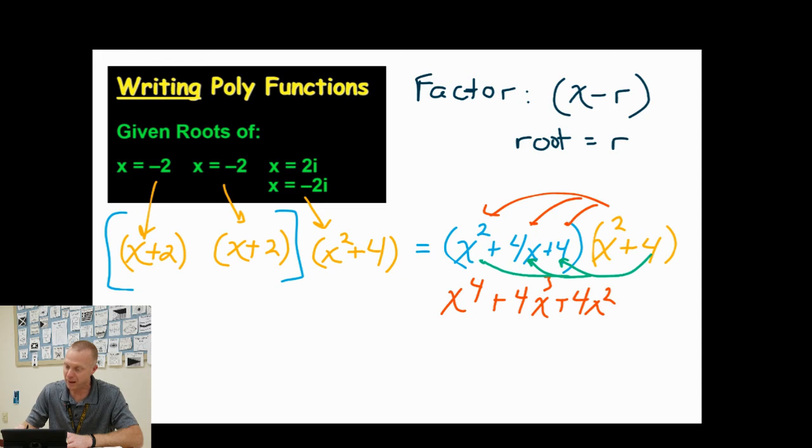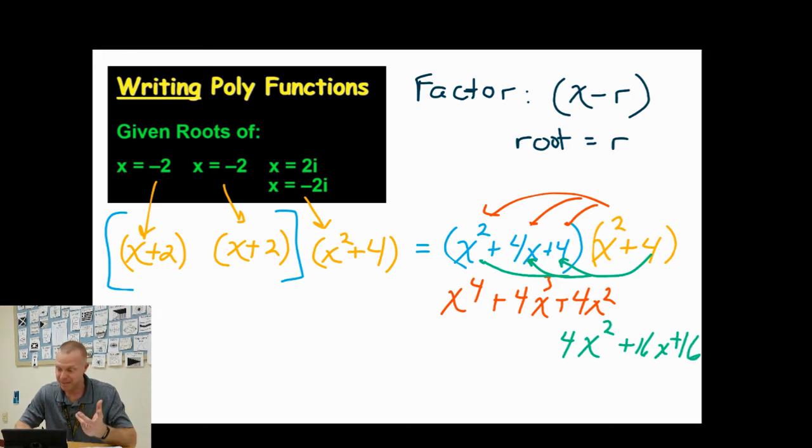So I'm going to get a 4x squared. You'll notice I'm lining up my like terms, so I'm going to line up my 4x squareds. And I still get a 16x and a 16. I don't know why something looks funny here, but I believe that we're good.